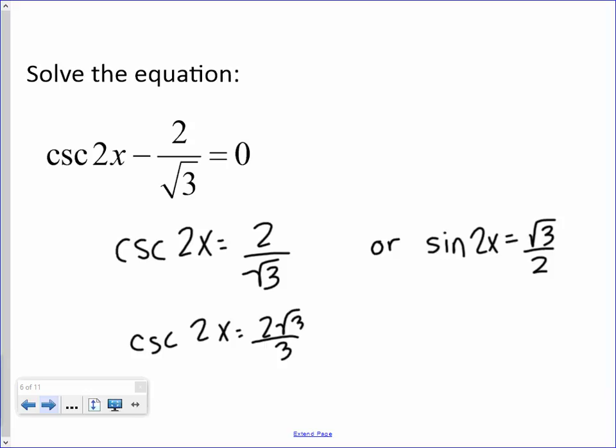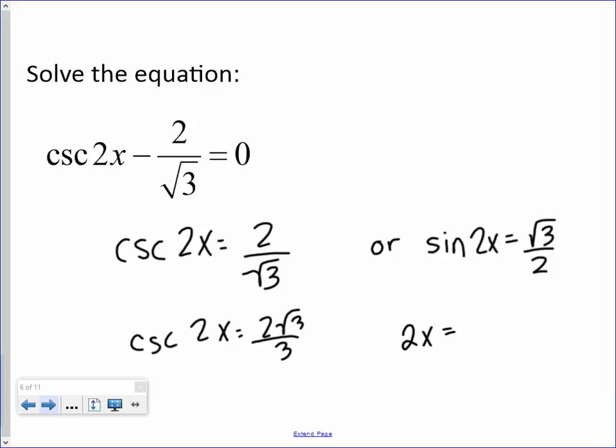So at any one of these 3 lines that we have written, where we added it to the other side, where Bruin rationalizes the denominator, or where I rewrite it as sine, we're ready to say what 2x is equal to. Okay, what angles have cosecants of 2 over square root 3, or 2 square root 3 over 3, or in another sense, have sines of square root 3 over 2?